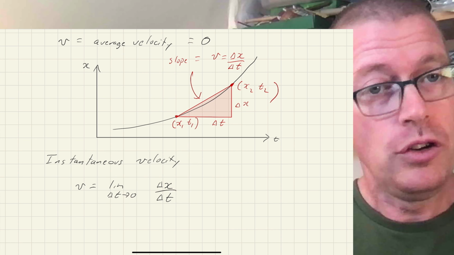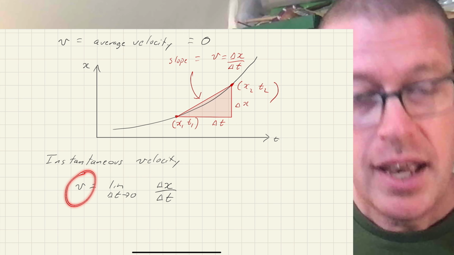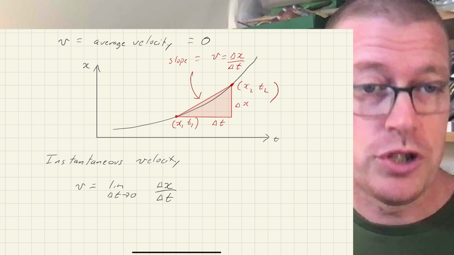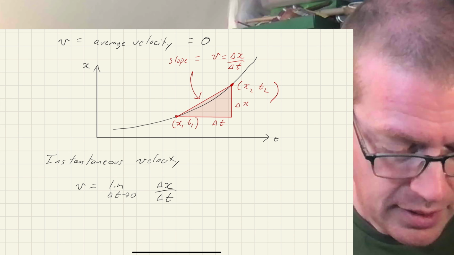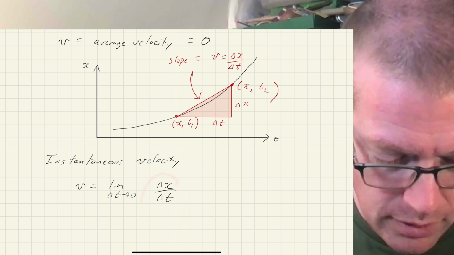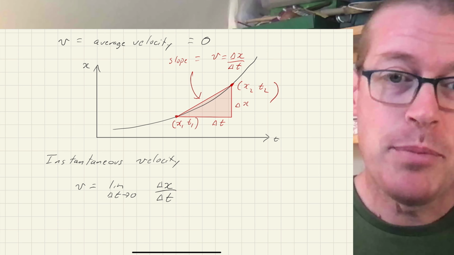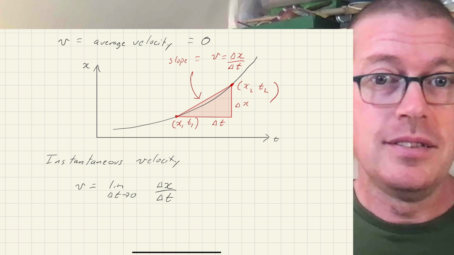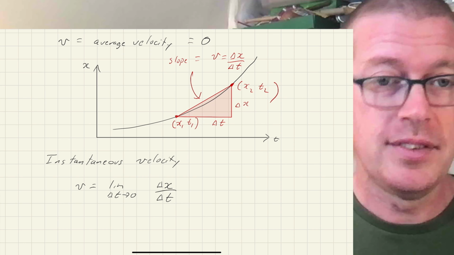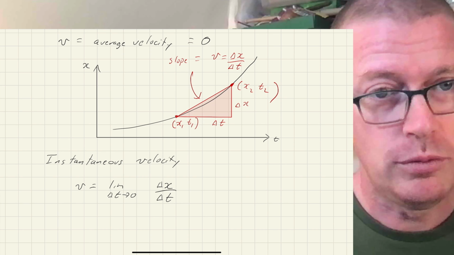And as you make the interval shorter and shorter, you get the instantaneous velocity. And as I said, for uniform motion at constant speed, this ratio is independent of the time interval. So the instantaneous velocity is just the same as the velocity you'd get for any other interval.